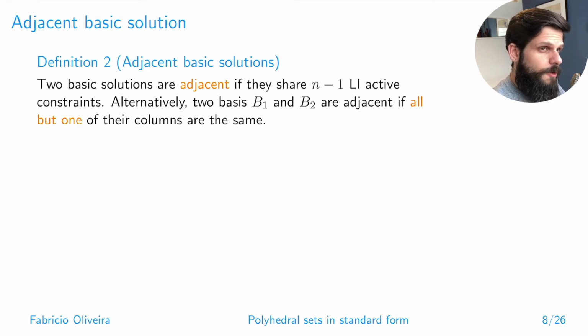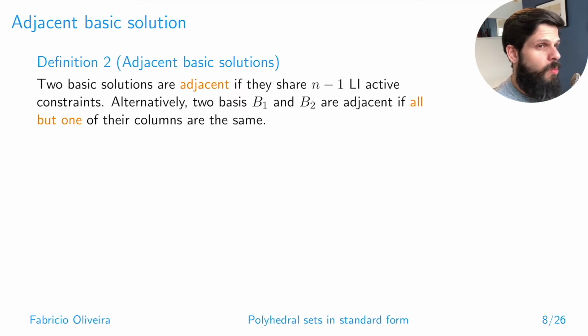So if you look at two bases, two vertices, they are adjacent if they share exactly n minus 1 active constraints. So the difference between the two is that one has a constraint that is active that the other doesn't, and vice versa. Another way of saying so, if it's B1 and B2, now it's a kind of column view, is if all but one column forming the system is the same.